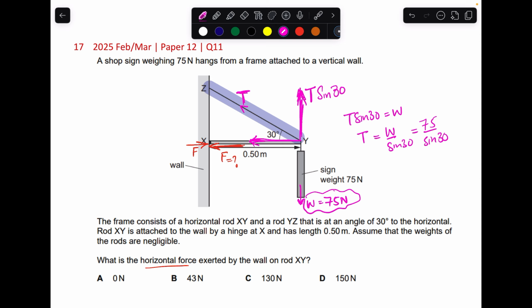So this will give us the value of tension, which is 150 Newton. Now we know the tension. What I have to find is basically this component, which is T cos 30. So T is 150, 150 cos 30 gives you 129.9, that is 130. Okay.